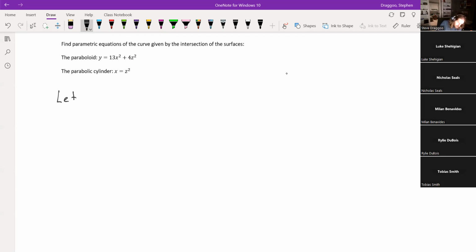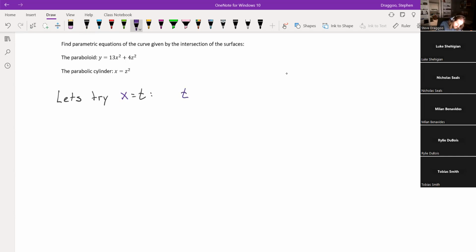So let's try x equals t first. Purple for x. So if I do that, the easier equation to start with, I've got x equals z squared.